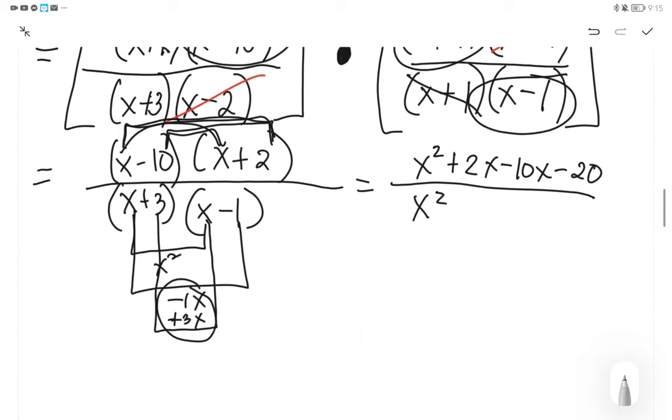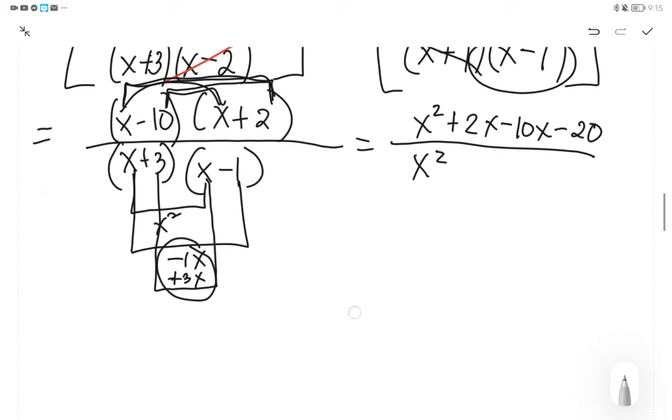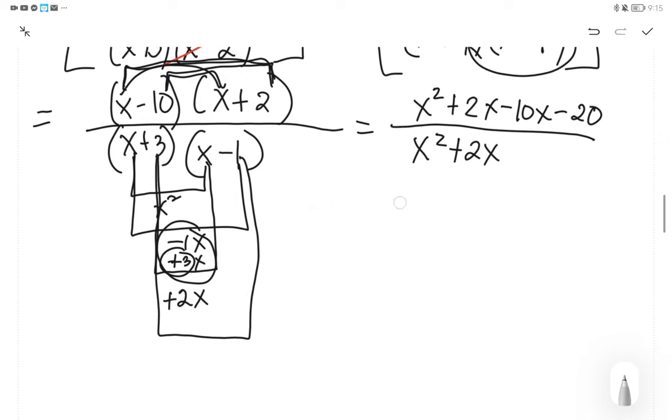Combine like terms, since dili sila parehas og sign, i-minus. 3 minus 1, that is 2x. 3x minus 1x, that is 2x. Ang kung unsay sign sa dako mo ay sundon, that is positive 2x. So we write positive 2x here. Now the last terms are positive 3 and negative 1. Positive 3 times negative 1, that is negative 3.